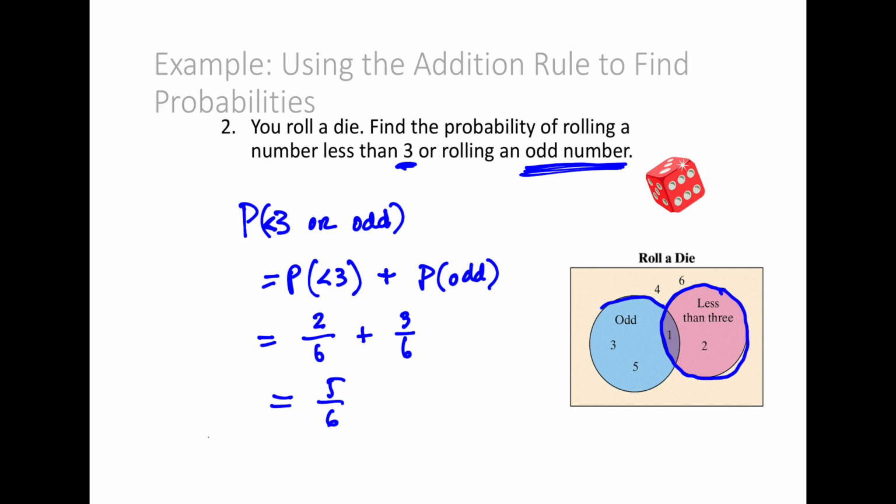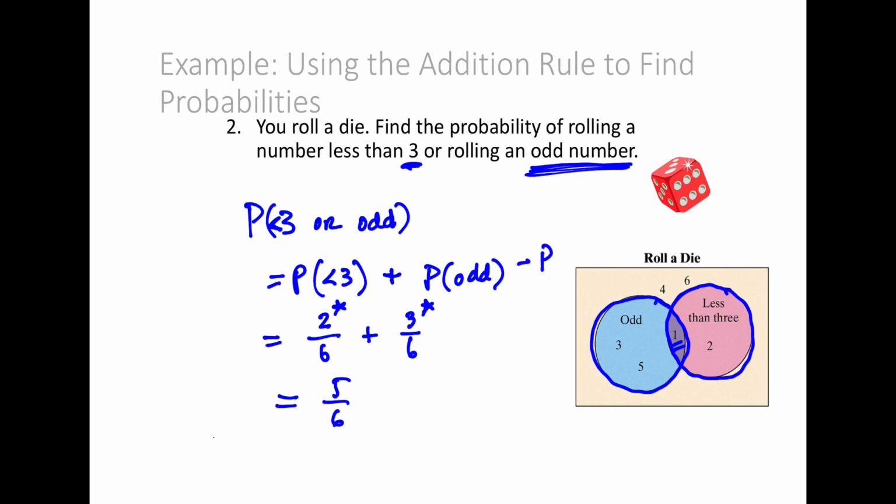And then when I counted up the odd, there were 3 outcomes that fit that description, 1, 3, and 5. 1 is a number that is both less than 3 and is odd. And so I overcounted when I counted the 1 twice, right? I counted it in the numbers less than 3, and then I counted it in the odd numbers. And so this is where we say we need to subtract out the probability that it's odd. Let's put that there, sorry.